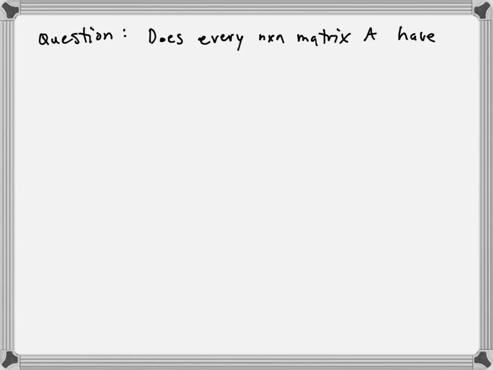So question: does every n by n matrix A have n linearly independent eigenvectors? So as you can guess, the answer is no.